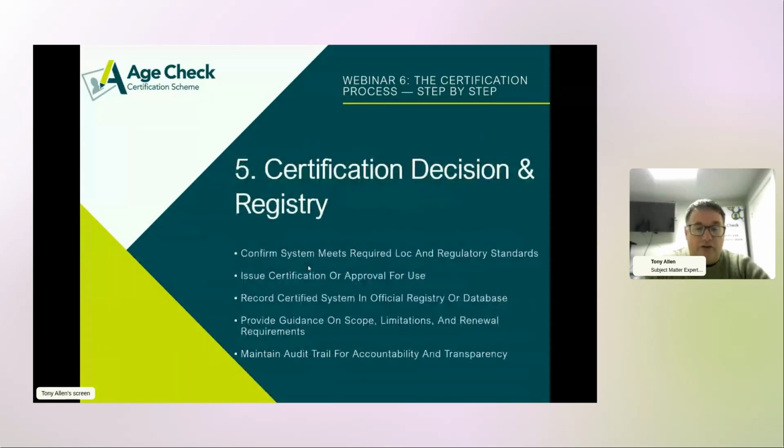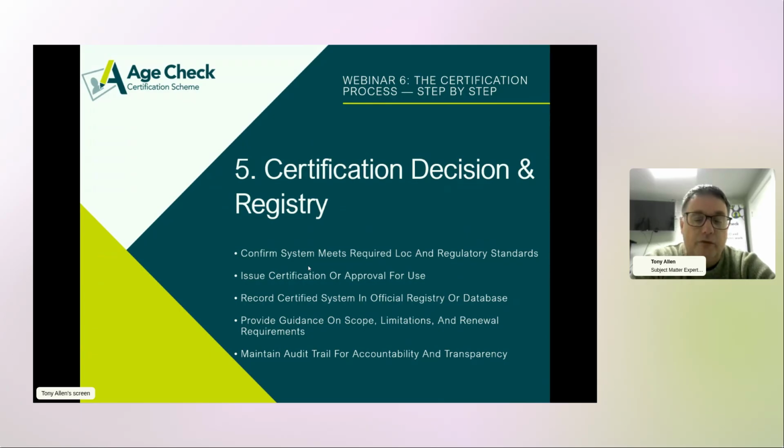We then make a decision. Our decision is based on the stated claim of your system's capability in the practice statement and how that meets the 5 core criteria. And our decision to grant certification or not is based upon that.